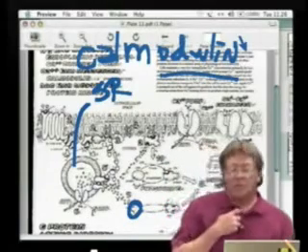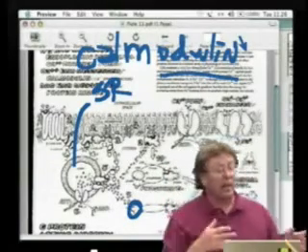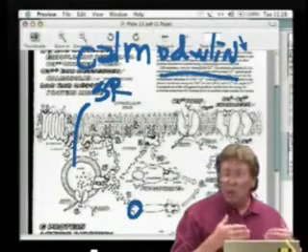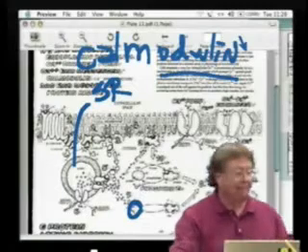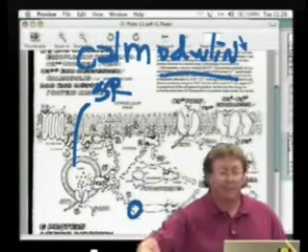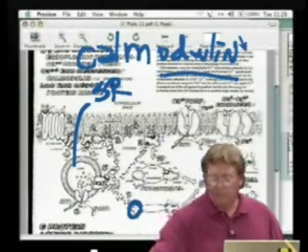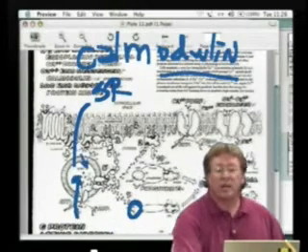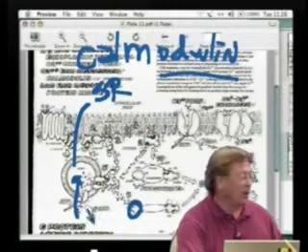Getting rid of calcium in this situation, there are two ways for calcium to go. One is to be taken back up in the sarcoplasmic reticulum. So here you see the calcium pump, and just like in skeletal muscle, there are pumps.